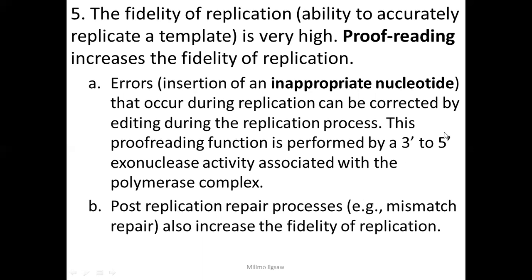Then there is also the repairing process. So there are post-replication repair processes. DNA can undergo repair. For example, if there's a segment that contains a damaged region, that segment can be removed.